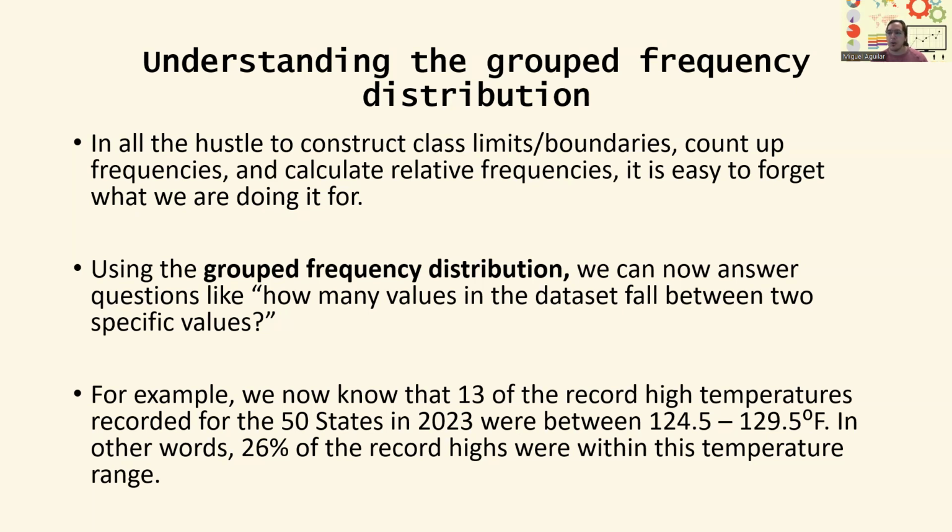Or how many values fall within this class, okay? So for example, we now know that 13 of the record high temperatures recorded for the 50 states in 2023 were between 124.5 and 129.5 degrees Fahrenheit. In other words, 26% of the record highs were within this temperature range.